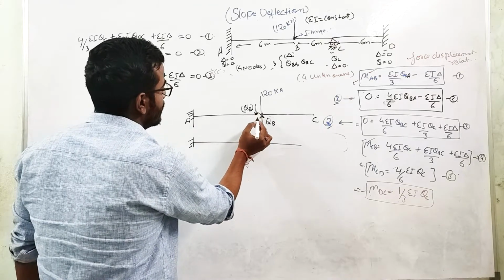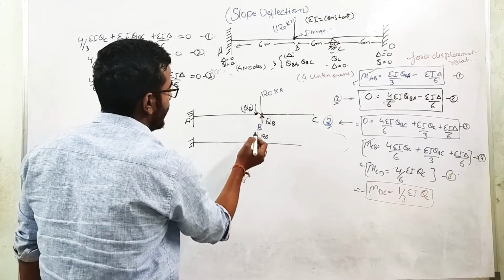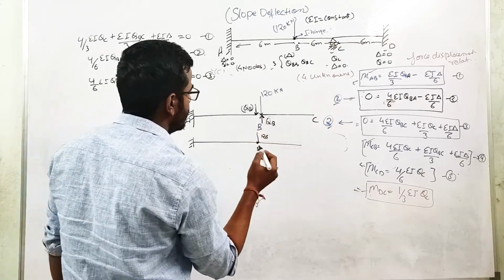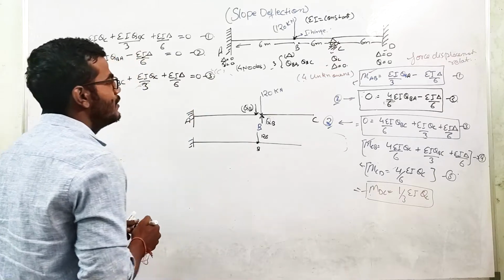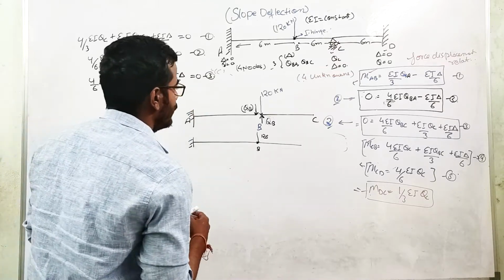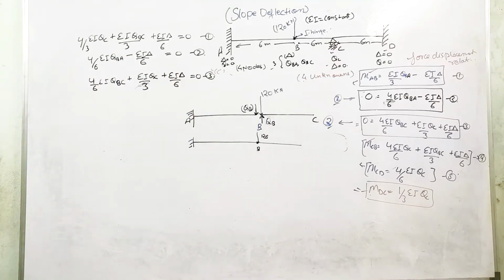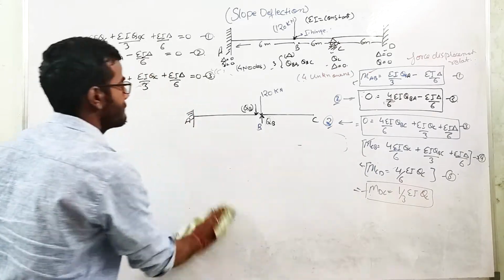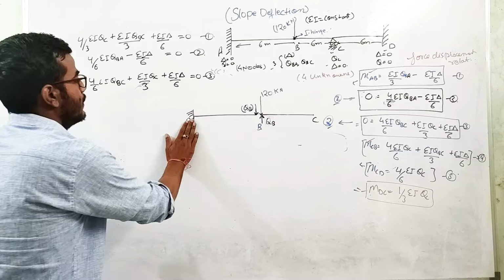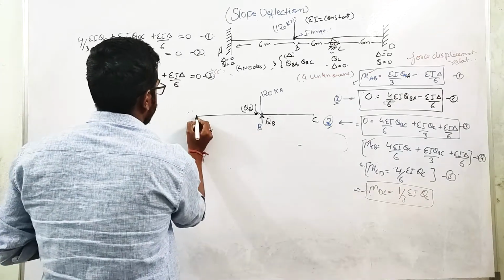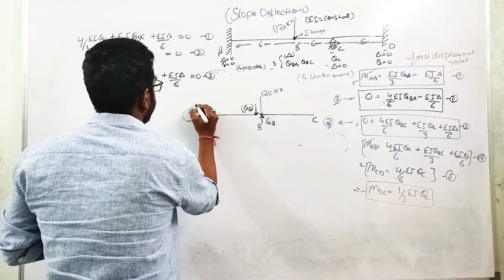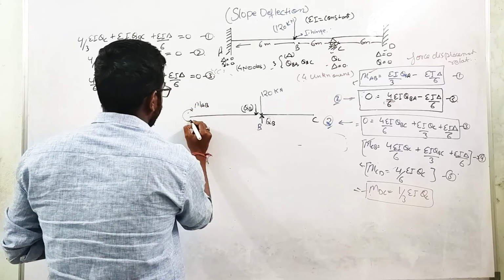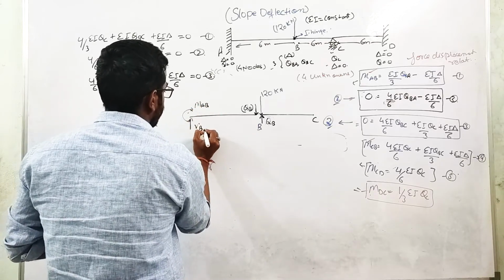So this is the way I showed the free body diagram. I made a cut at this internal hinge and just showed the shear force. And we'll use this concept to derive our fourth equation. At A, I'm having one anti-clockwise moment MAB, and there will be a reaction also, VA.